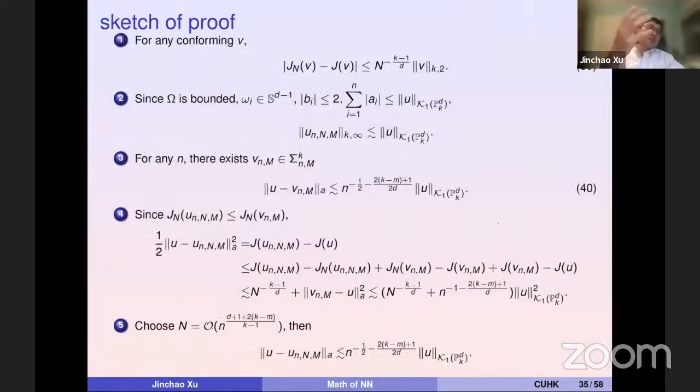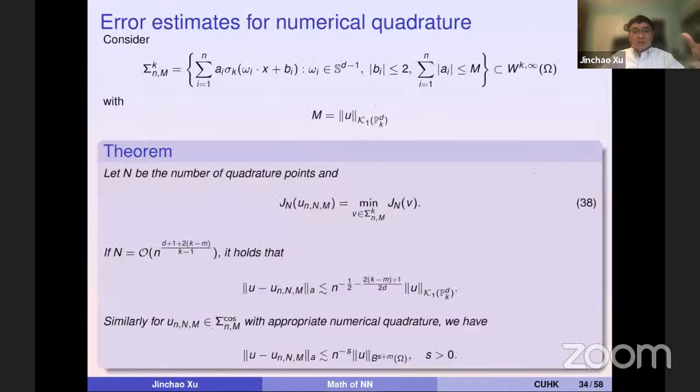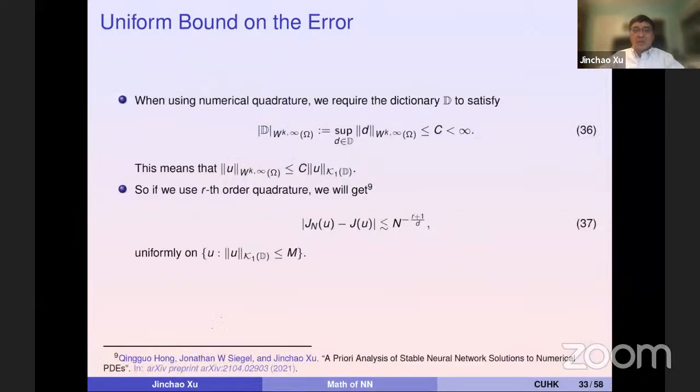Fortunately, we have an approximation theorem, which I did recently with my postdocs, Jonathan Siegel and some others like Qingguo Hong, and some other people. This is in particular this paper here.